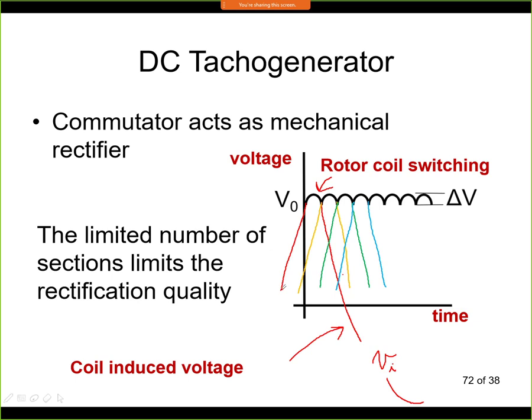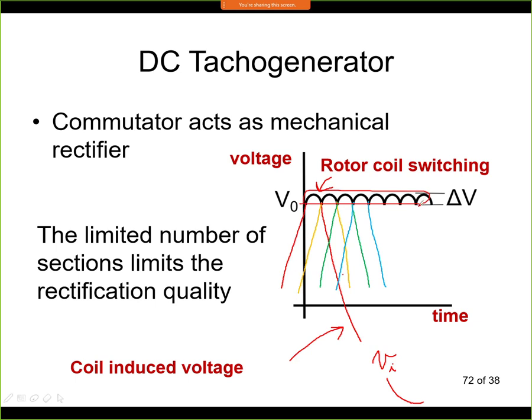You can see here part of it. This, for example, shown in red, is the voltage that we see from one coil on the rotor. Then we have a coil next to it, shown here in yellow, that's the second section. In green, third section. In blue, fourth section, and so on. And if we actually rectify this voltage, what we will get is just those peaks.